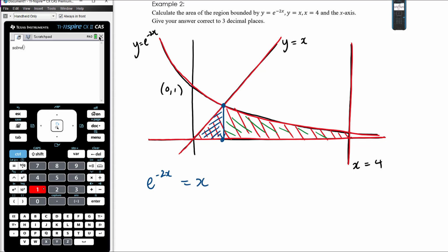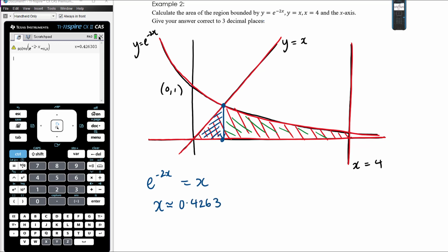So we're going to solve e to the power of negative 2x. Sorry, I accidentally typed an F there. Brackets galore. Let's try again. E to the power of negative 2x, and we want that to be equal to x, and we're going to solve for x, and we get x is 0.4263.